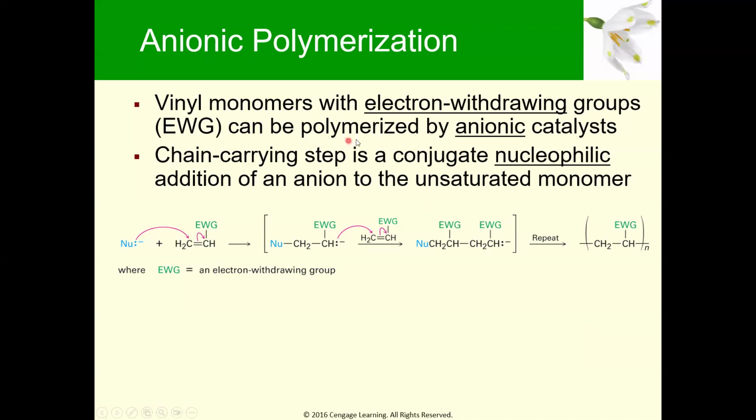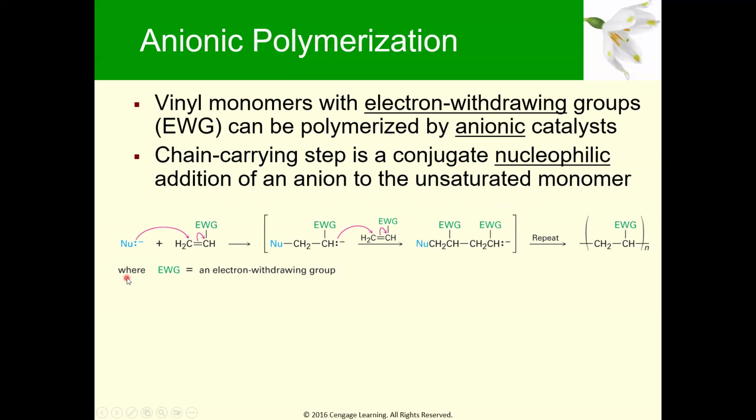So vinyl monomers with electron withdrawing groups, EWG, can be polymerized by anionic catalysis. In this case, the chain carrying step is a conjugate nucleophilic addition of an anion to the unsaturated monomer.